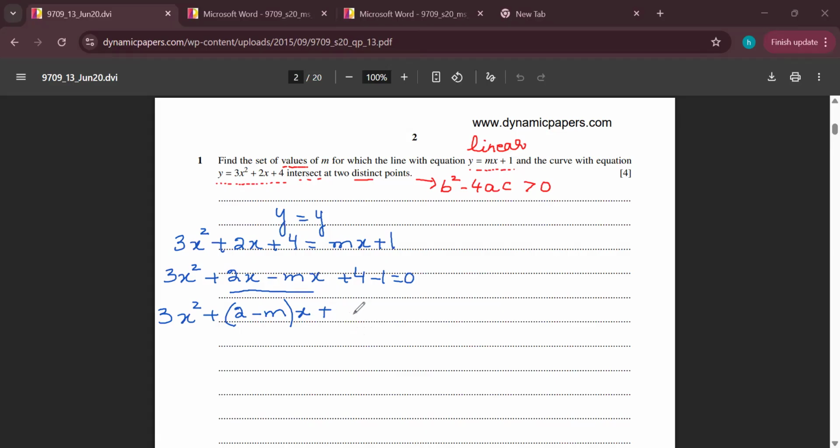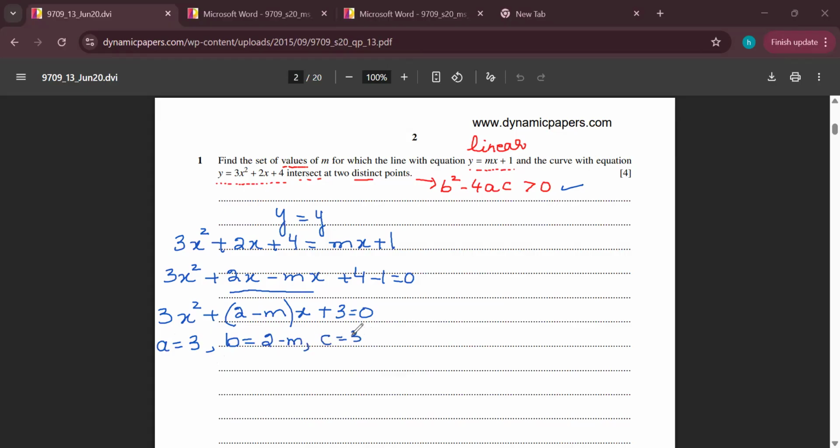Then plus 4 minus 1 is 3 is 0. Now we are going to use the discriminant. A is always the coefficient of x square, which is 3. B is always the coefficient of x, which is 2 minus m, and c is always the constant.